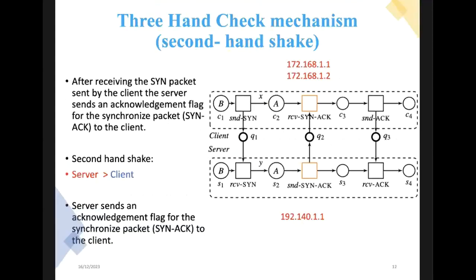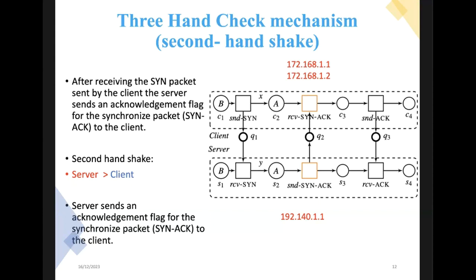In the second handshake, the server's receive SYN action is activated, transferring token A from S1 to S2, as shown here in this figure. This progression signifies the client's anticipation of the server response, as the initial SYN communication is done.